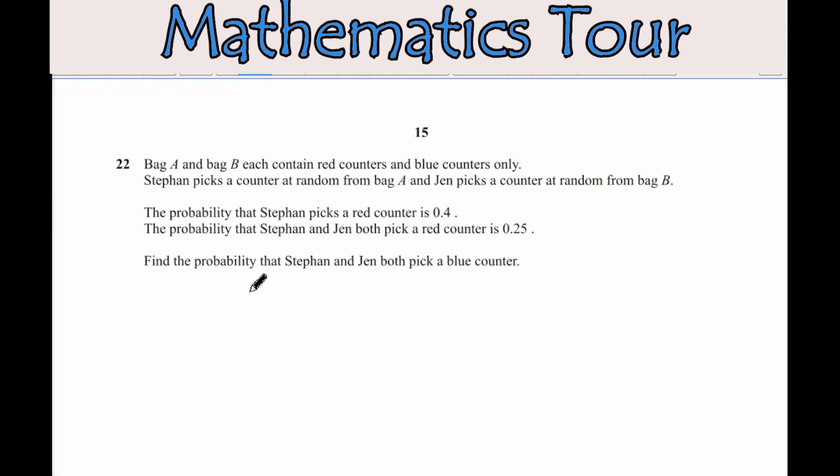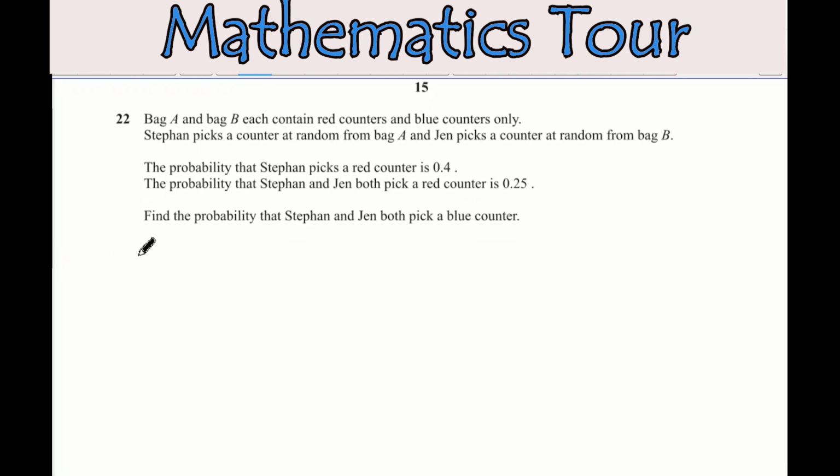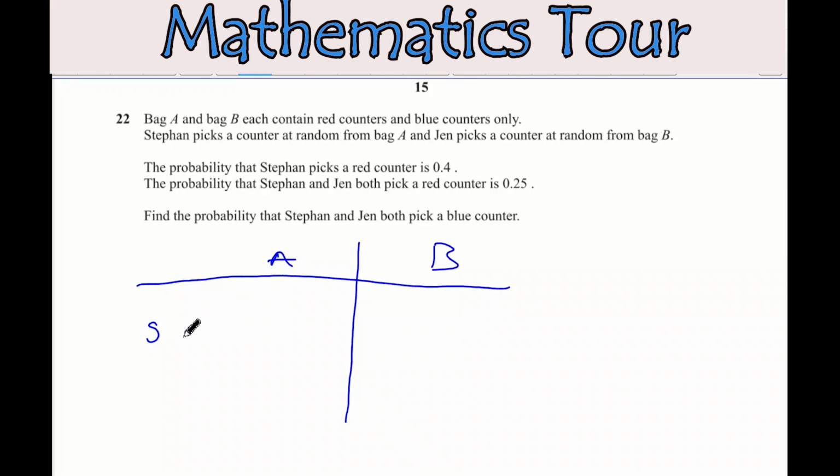And the probability that Stefan and Jen both pick a blue counter. So you can just do something like this. Let's say A against B. This is Stefan, so I'll use S for Stefan. So picks red, that will be 0.4 as given.